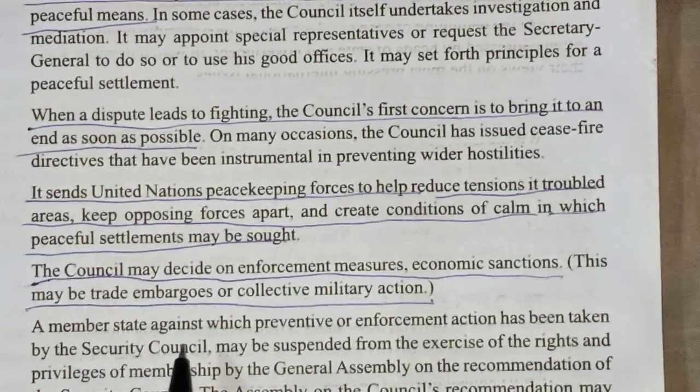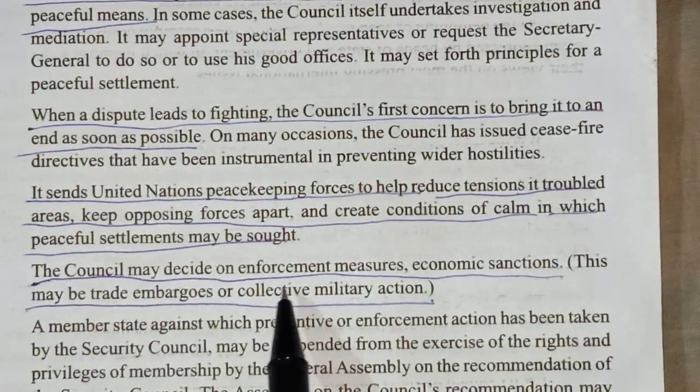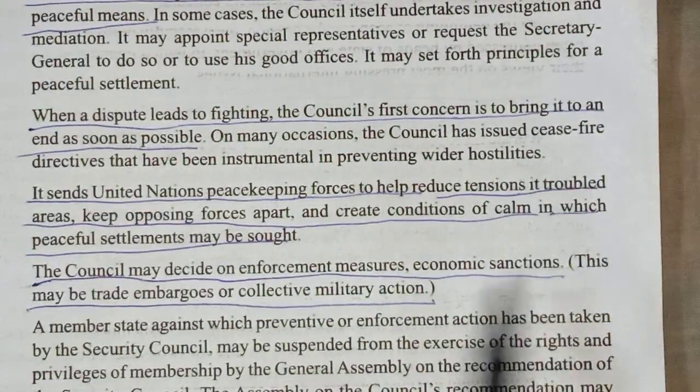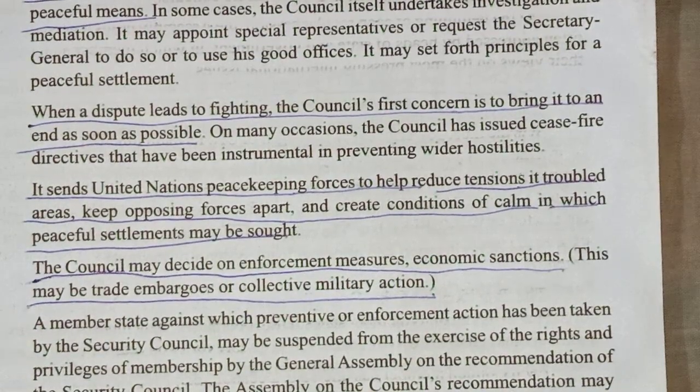Then the last important function is that the council may decide on enforcement measures, economic sanctions, and so on. So the Security Council can also enforce measures like economic sanctions, and financial help to the states affected by war, like in Ukraine.